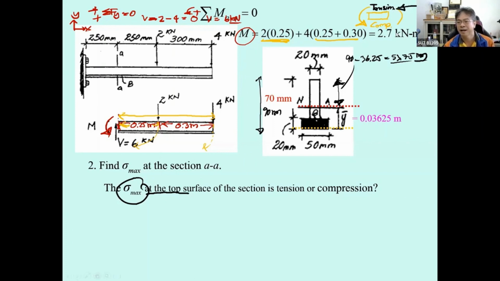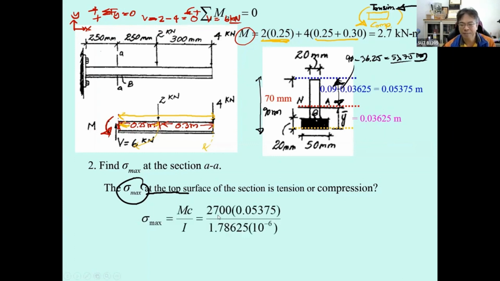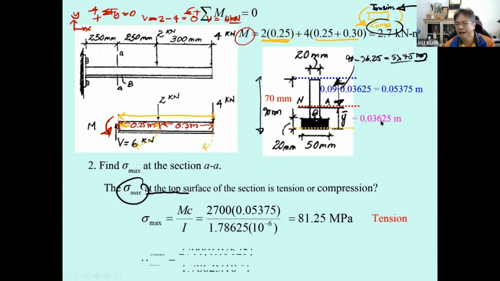and on the top is going to be in tension. Okay, so we have M y top over I, and then we get this one to be 81.25. And then for the compressive stress that's going to occur on the bottom, we use the pink distance.